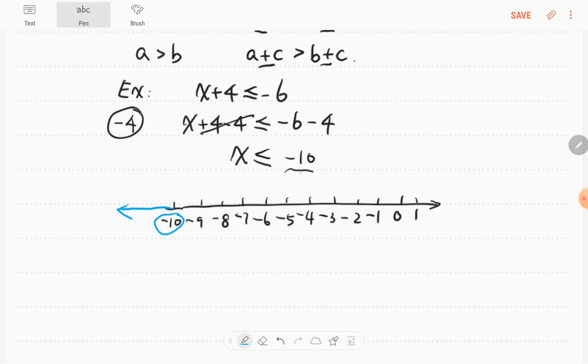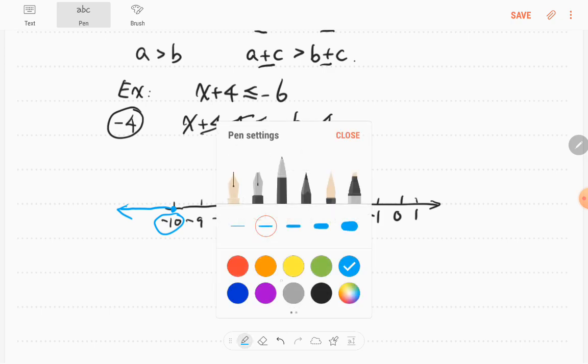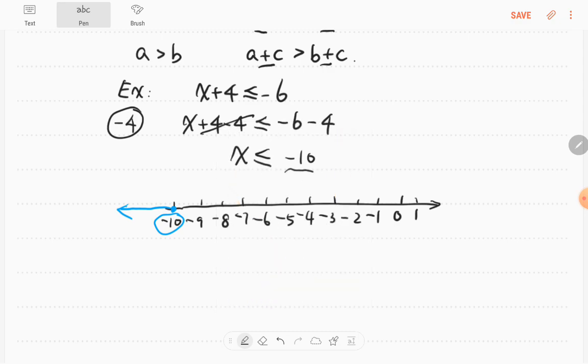The last one is we need to check the single value, -10. So at that point, is it possible to be exactly negative 10? Because here we have the equal sign, so it's possible. We put a closed circle here. All right, this is how we use the addition rule.